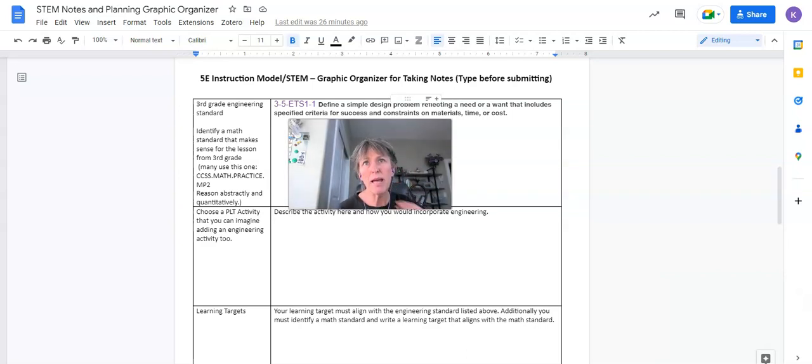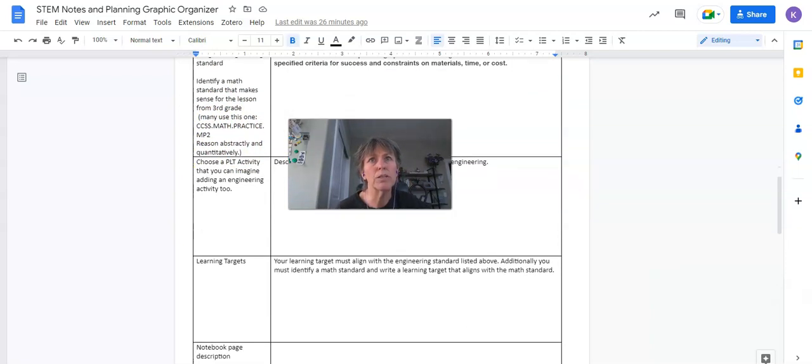If it already has a math practice, you can include that here, or a standard. If it doesn't, you can go to the Common Core state standards for math for 3rd grade and find one that aligns with your lesson. But you're going to have to make sure that in your lesson you are incorporating math.